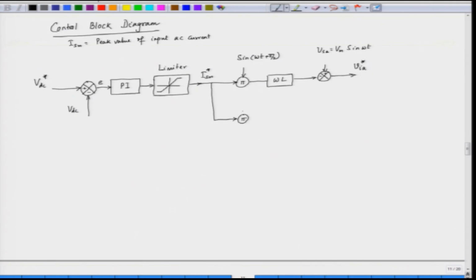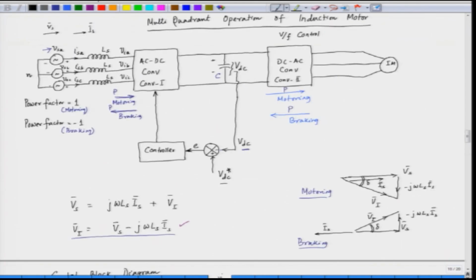Similarly for phase B, we take the multiplier, again we have sin, but this time it is omega t plus pi by 2 minus 2 pi by 3, because we are in phase B. This is again fed to the reactor, that is, multiplication by the reactance value omega L, and then we sense the phase B voltage.